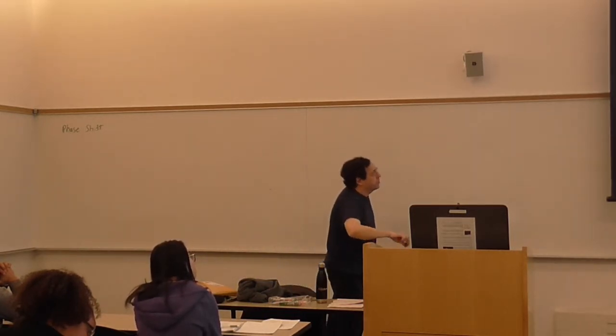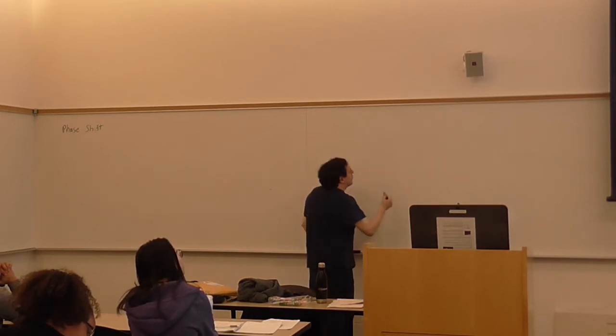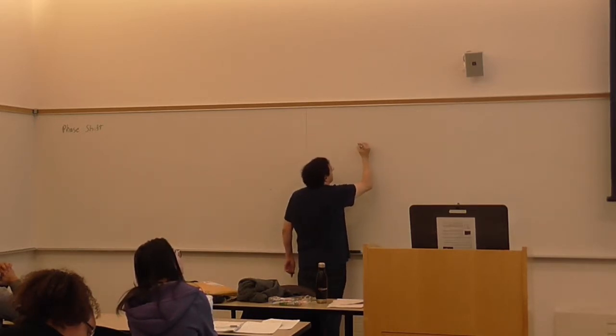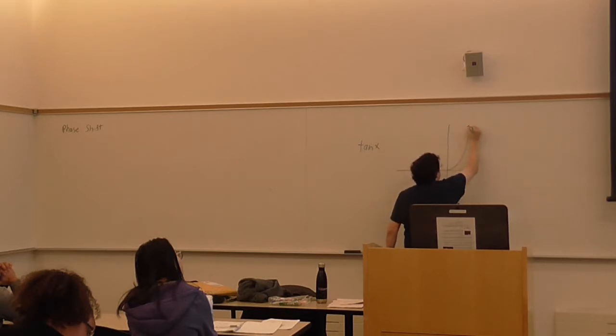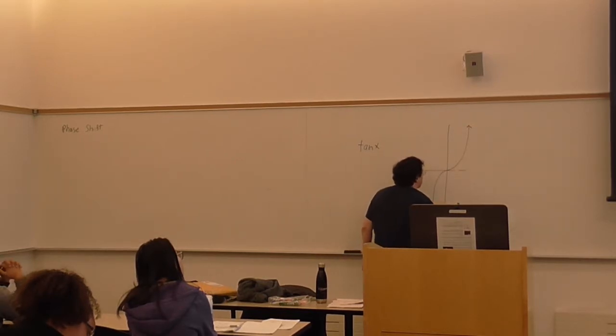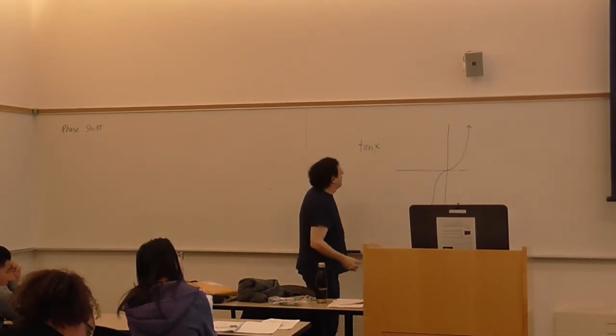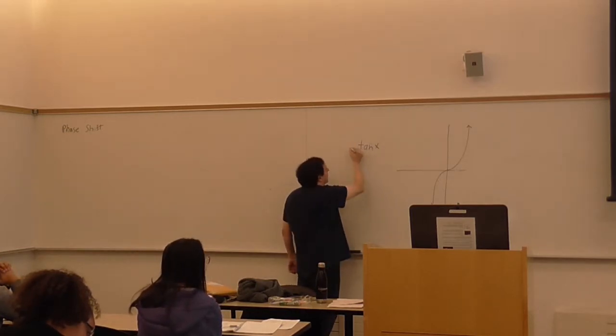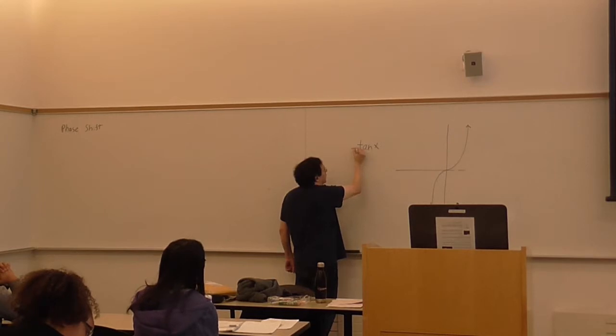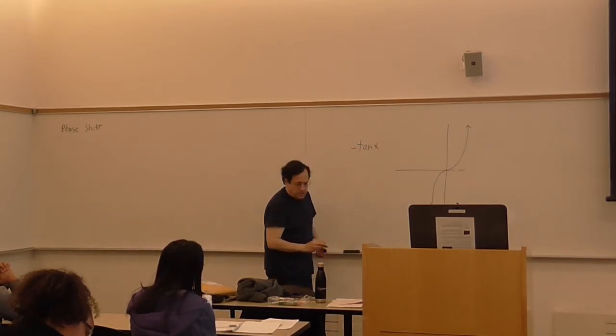Let's see if I can do this. If I take the tangent, which looks kind of like this, and then I turn it upside down. Well, how would I do that? I would take the mirror of it in the y-axis, so I multiply it by -1.